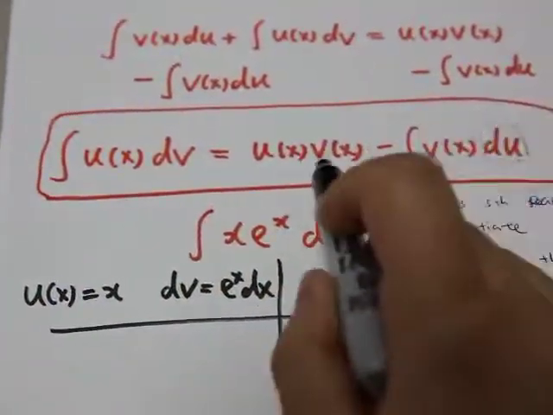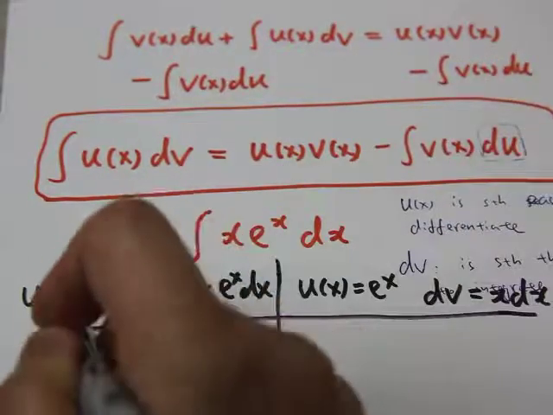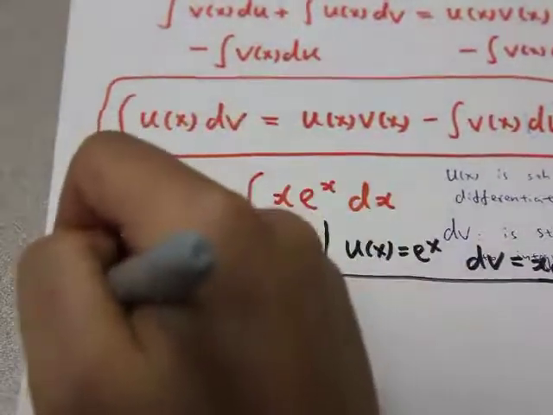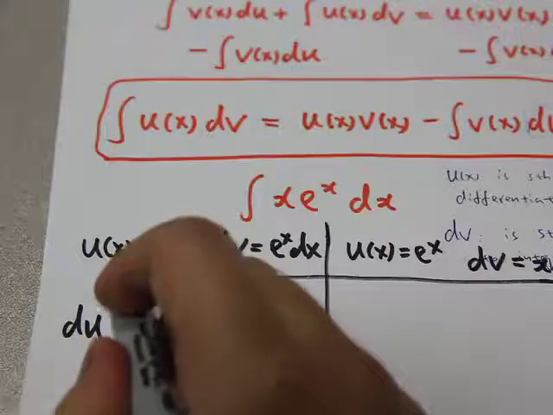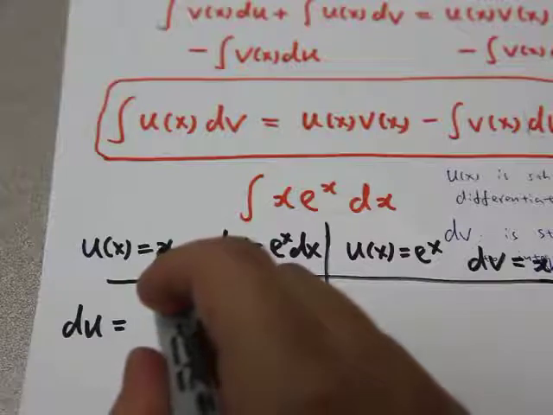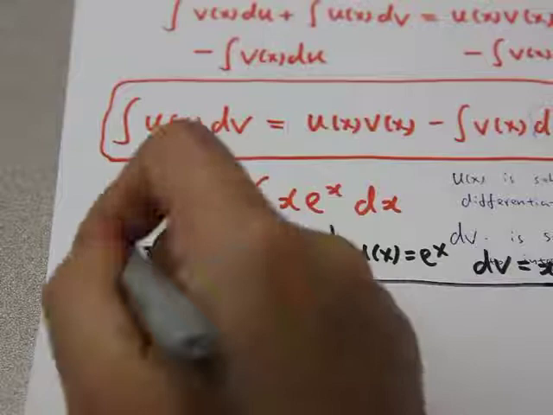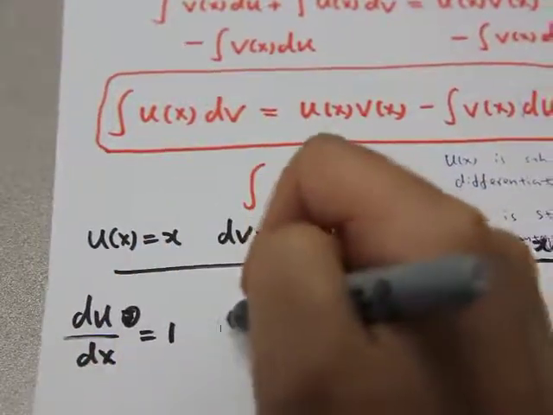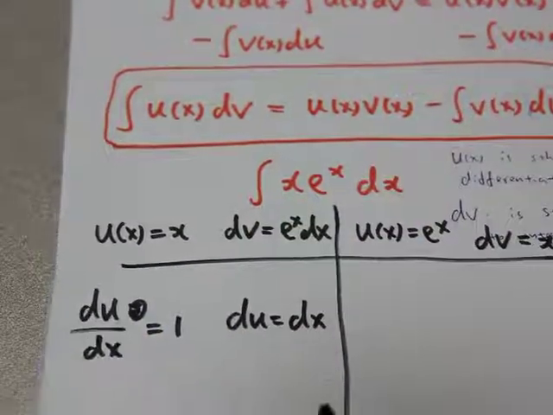Since on the right hand side I need to figure out du and v(x), if my u(x) is x, the du is going to be the derivative of u(x). So let me take the derivative of u(x). I get 1, so then du equals dx, right?